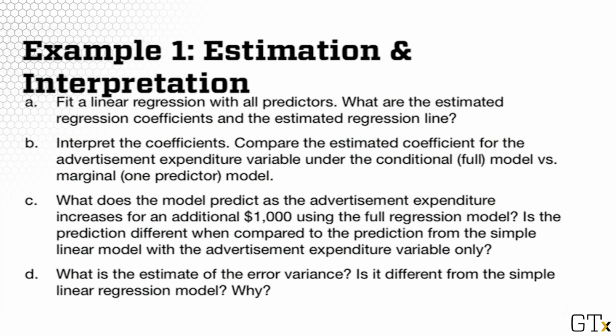We want to see the interpretation and how those two models will predict sales differently. And we would like to see which of the predictions is more meaningful. And of course, we also want to compare the estimated error variance under the conditional versus the marginal model.